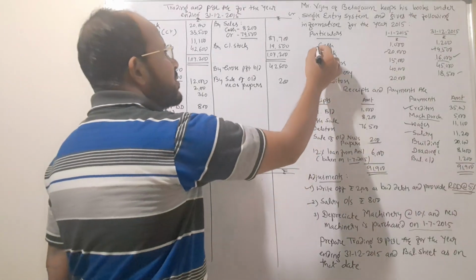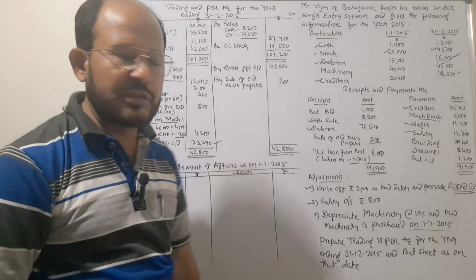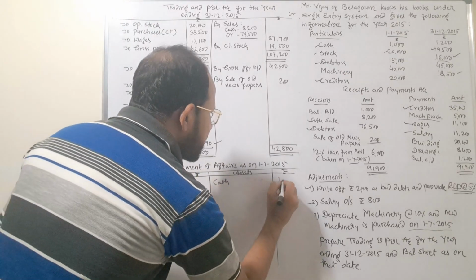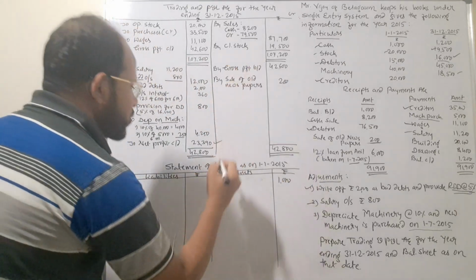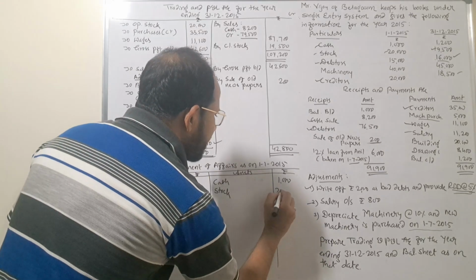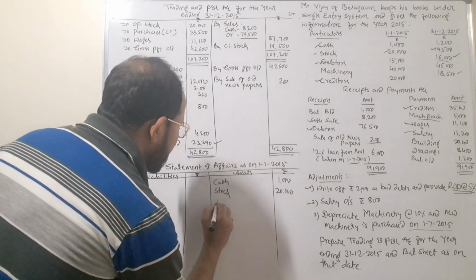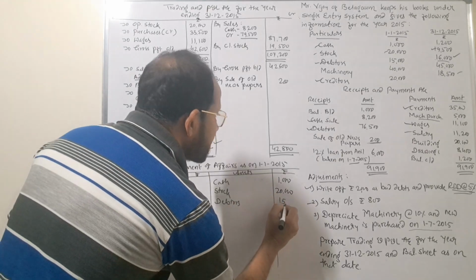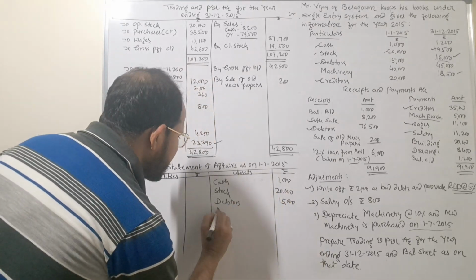Here what is given? First cash balance is given rupees 1,000. Therefore that is to be shown on the asset side, cash rupees 1,000. Next one is stock is given. You take stock. What is the amount? Opening value of stock rupees 20,000. Then opening value of debtors rupees 15,000. Next one is machinery.